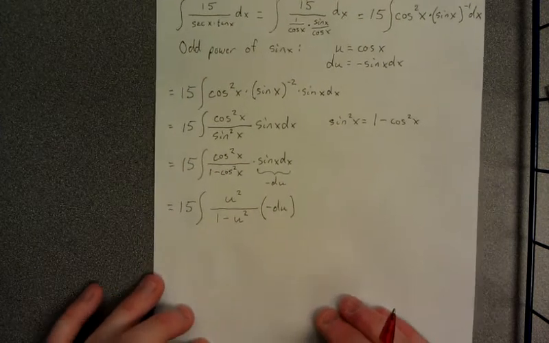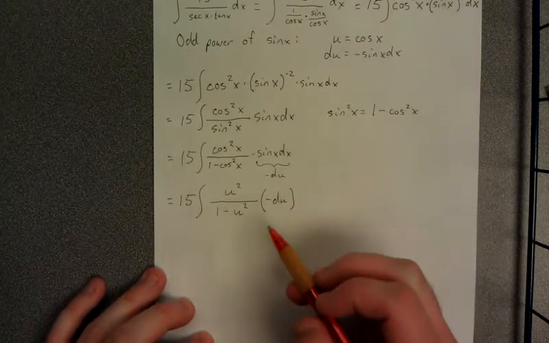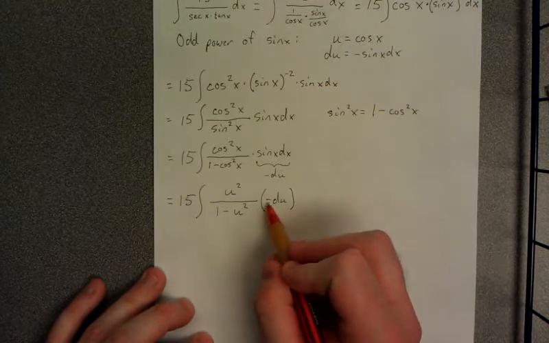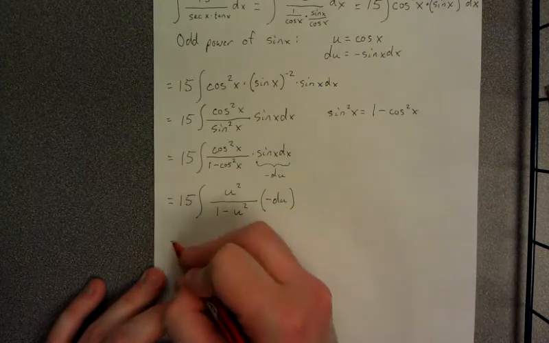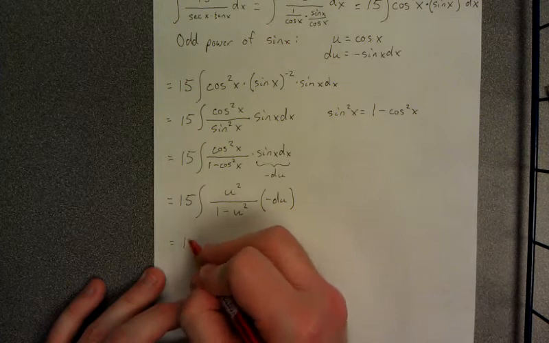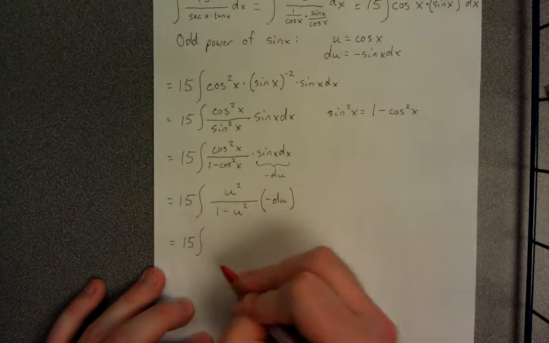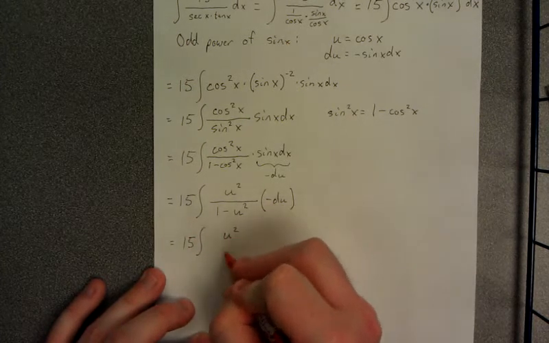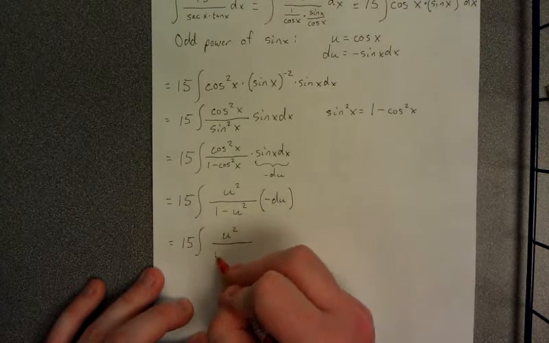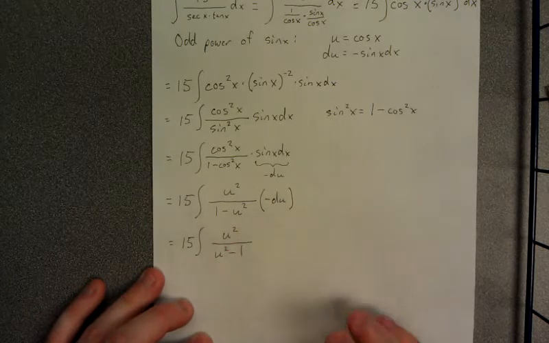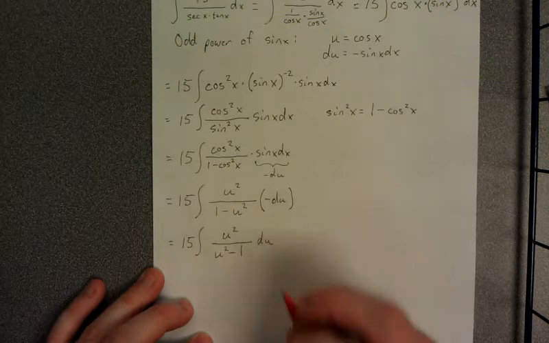So from here, the question becomes, where do we go? First thing I'm going to do is distribute the minus sign through the denominator. This is one possible interpretation of what to do. We'll get u squared over u squared minus 1. And we still have du.